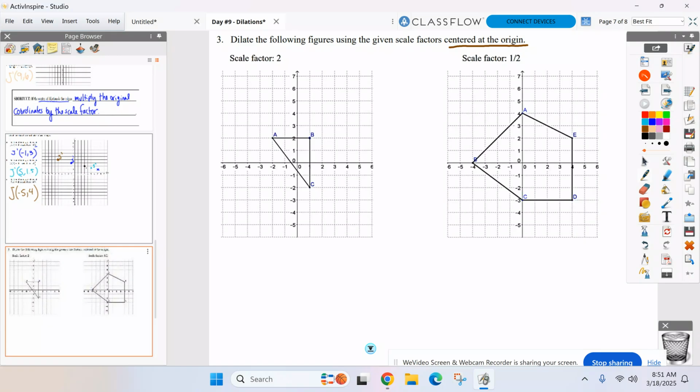So if you want to, you can take points A, B, and C and multiply them by 2. Or you can do slope from the origin, all right? You just have to graph the new ones. You don't have to state.